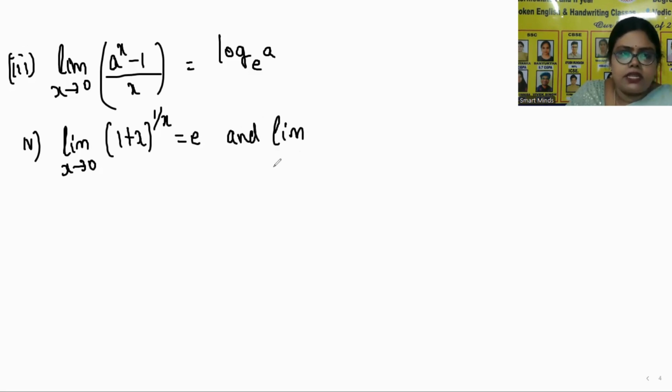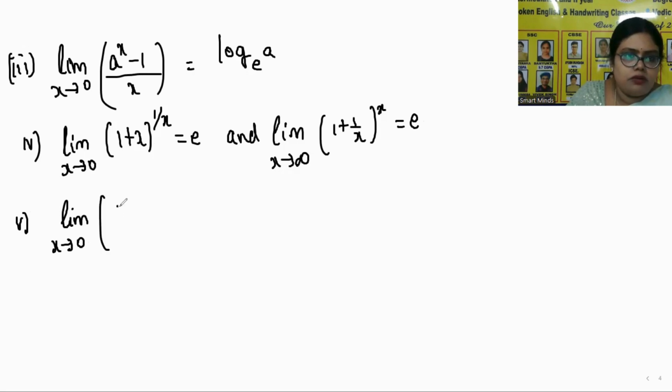And limit x tends to infinity, 1 plus 1 by x whole power x is equal to e. Number 5 is limit x tends to 0, e power x minus 1 by x is equal to 1.